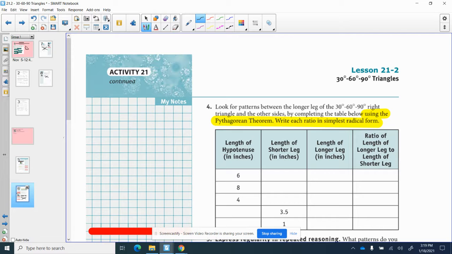Now, if we start looking at patterns similar to what we did in the 45, 45, 90 triangles, we have here our 30, 60, 90 right triangle. So I'll put the 30 here and the 60 here. In this case, the hypotenuse is 6, and we want to know the length of the shorter leg, the length of the longer leg, and then the ratio of the pieces.